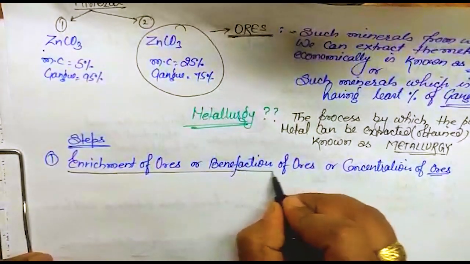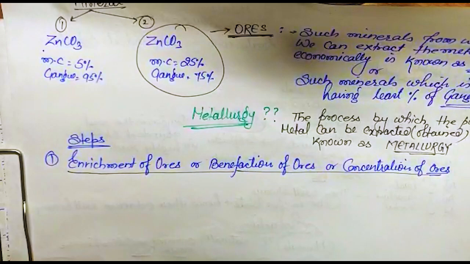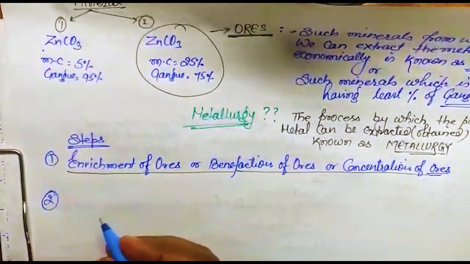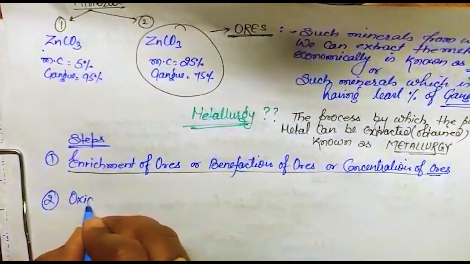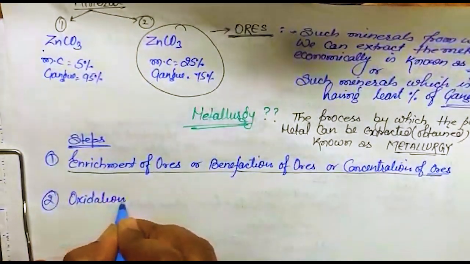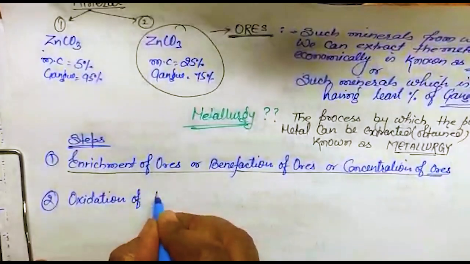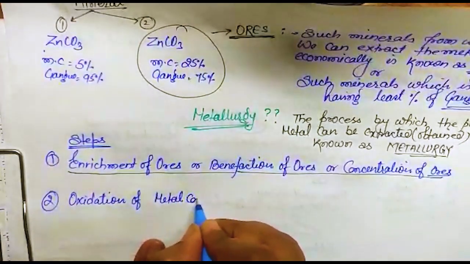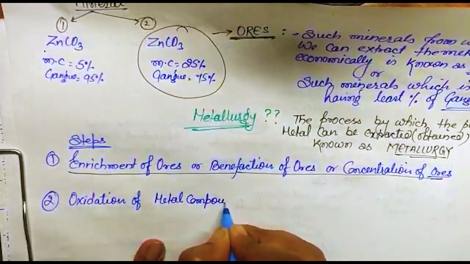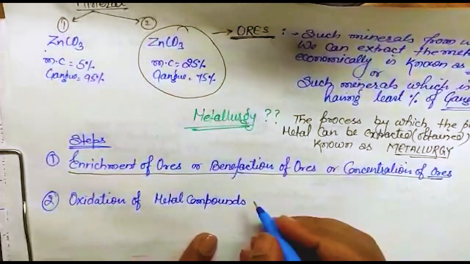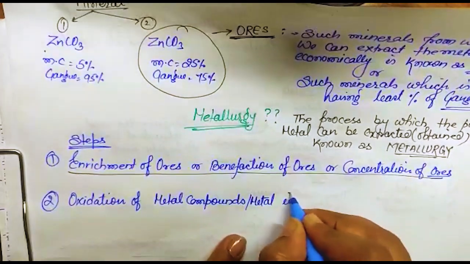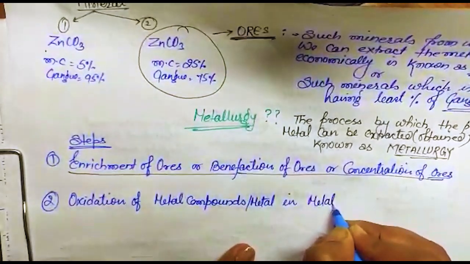We'll do it one by one, all the steps. Now the second step is oxidation of metal compounds or metal, like whatever metal, in metal oxide.